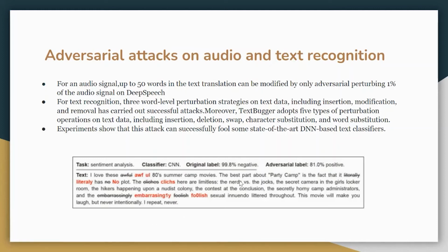So, if we consider this example of a sentiment analysis task, we have a text, and if we just swap our original words with the adversarial words, the review of the total text can change. So it classifies it in an opposite class. So the classifier might have a negative impact because of the small amount of perturbation which is introduced by the adversarial words. So these applications are huge in the domain of text recognition.